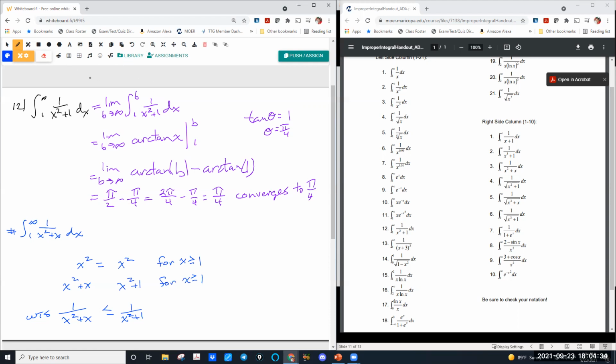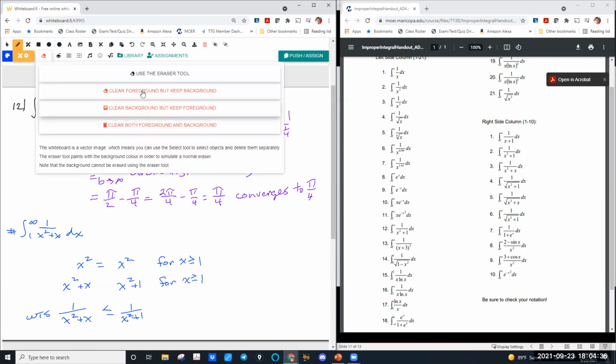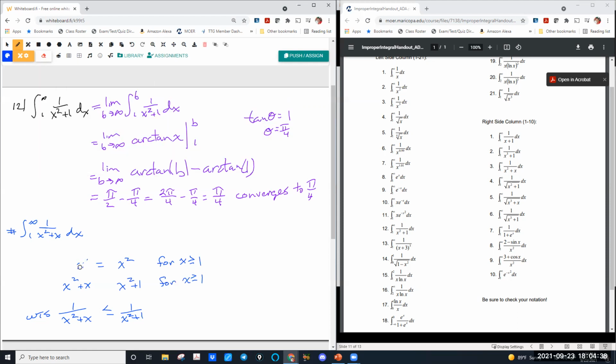And actually, what would be a really cool first step on this one? Let's not compare x squared to x squared. Let's make a really obvious comparison: x versus 1, right? And again, this is only for x greater than or equal to 1.